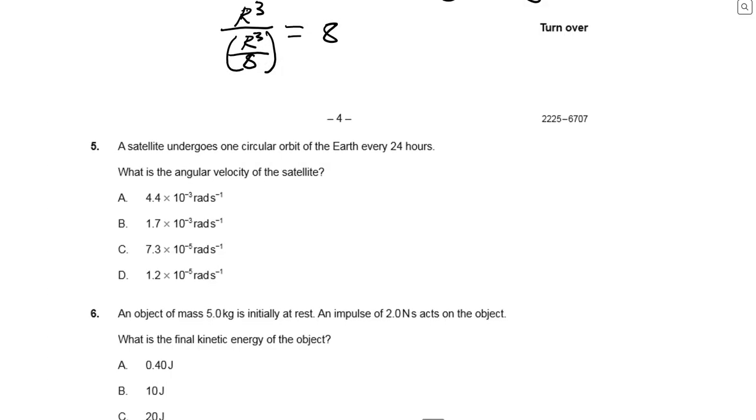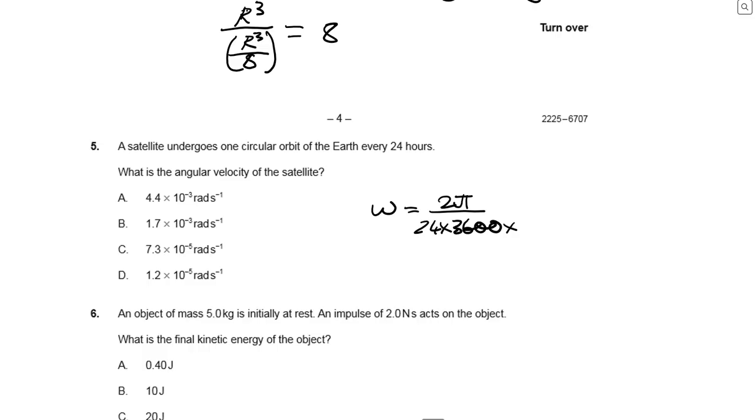A satellite undergoes one circular orbit of the Earth every 24 hours. What's the angular velocity of the satellite? So omega is equal to 2 pi over T. T is 24 times 3600, 60 times 60, right? 60 minutes, 60 seconds. And we already multiplied by the hours.